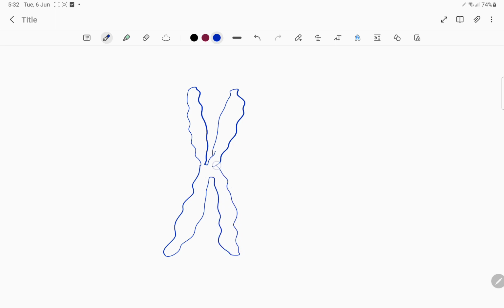So let me show you the structure of a chromatid.